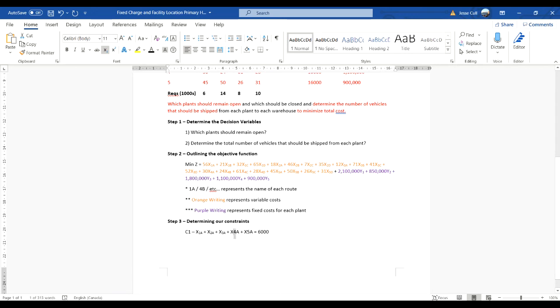And if demand hasn't been satisfied, it is not a possible solution. So here it is, demand. So now we go down C2 and we're going to repeat it.